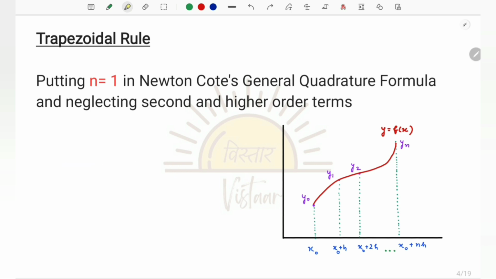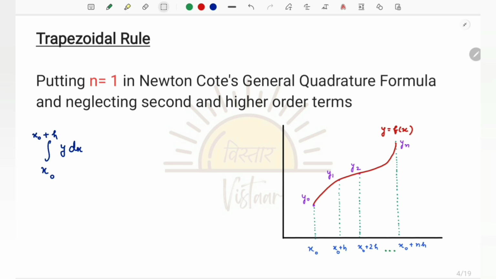So first we will find the integration from x0 to x0 plus h, then we will find the integration from x0 plus h to x0 plus 2h, and so on till we have reached x0 plus nh. So let's now start with x0 to x0 plus h.